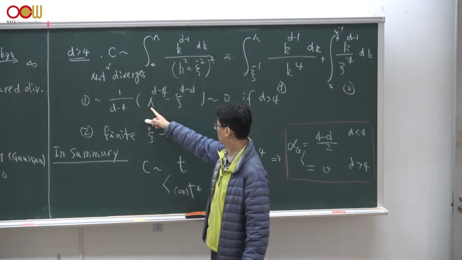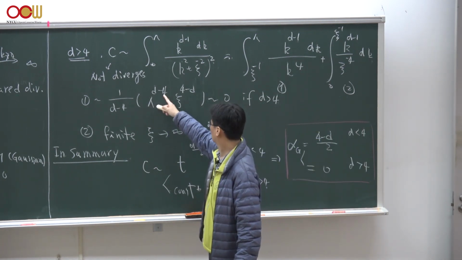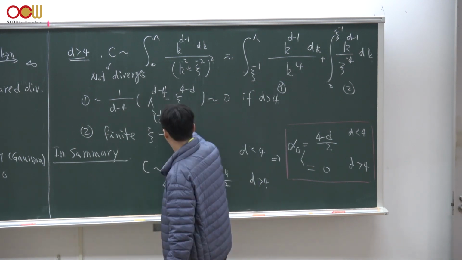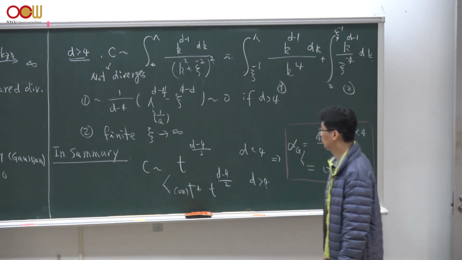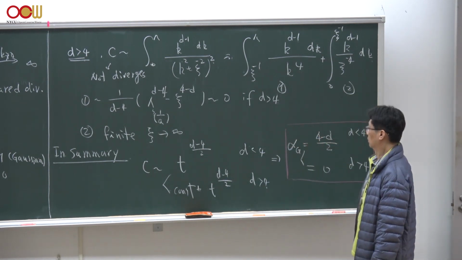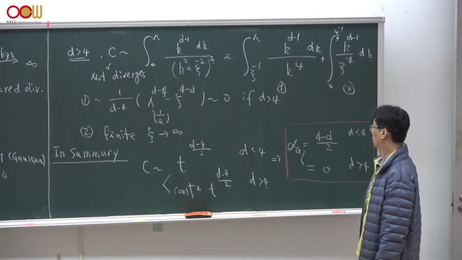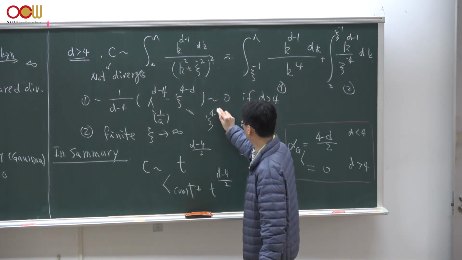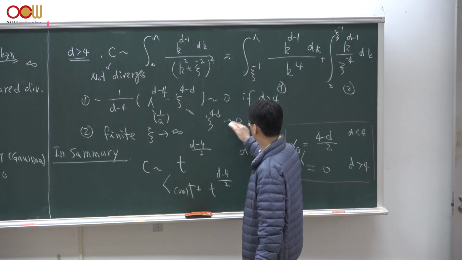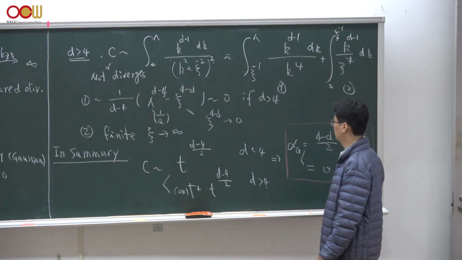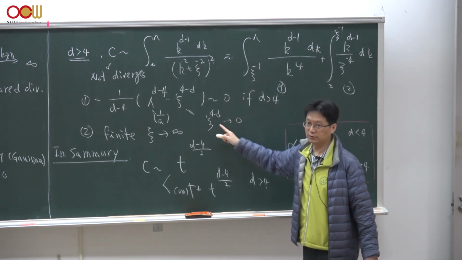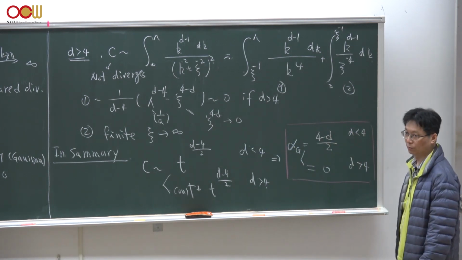Because this cutoff is very large, if d is above 4, there is some kind of 1 over lattice constant, which is again a finite value, but this correlation length will not diverge. This C to the power of 4 minus d goes to 0, because C may be large, but if d is larger than 4, this C to the power of 4 minus d will converge.